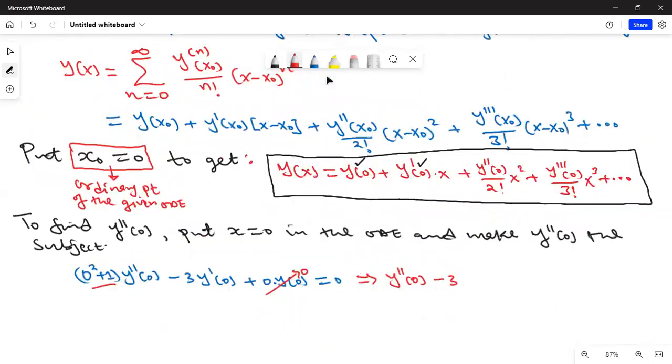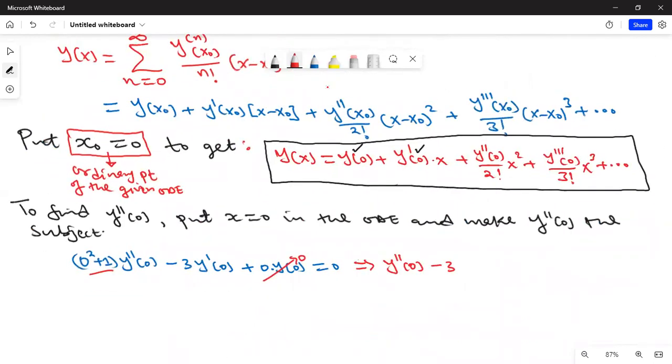Y prime of 0 is 2, so this is times 2. The other one was plus 0 times negative 1, which is still 0, equals 0. So from here, therefore, y double prime of 0 is equal to 6. That's what we find.